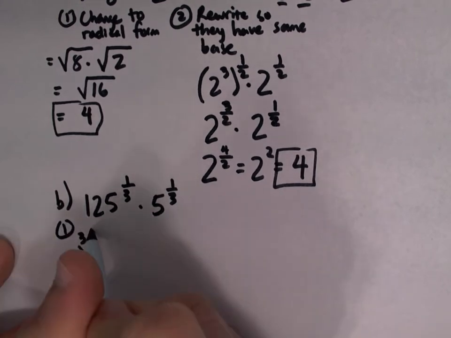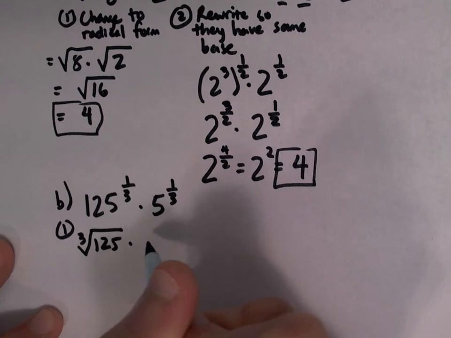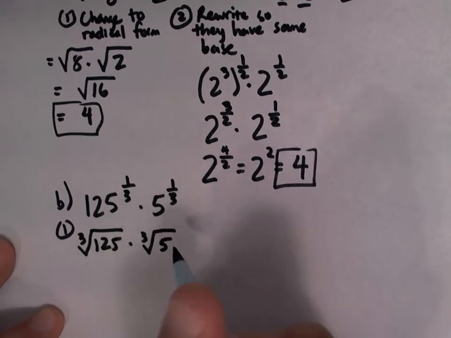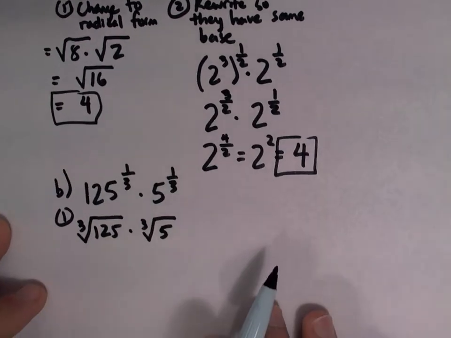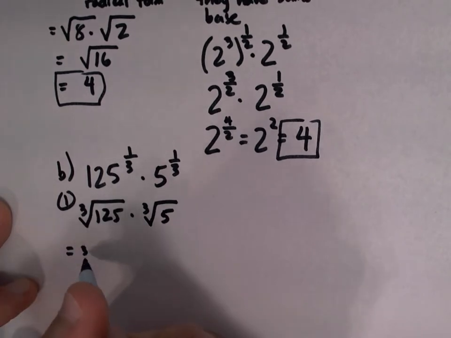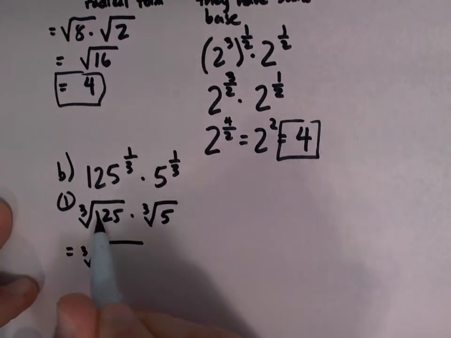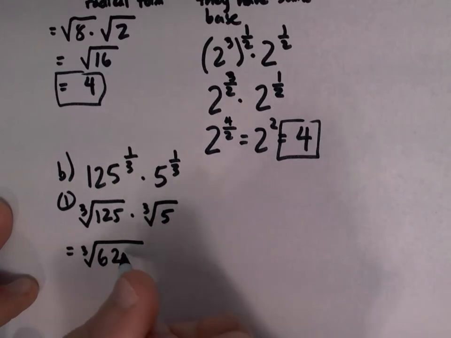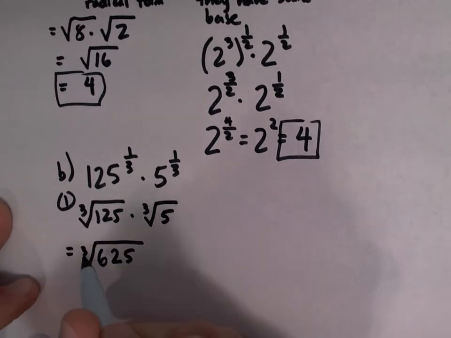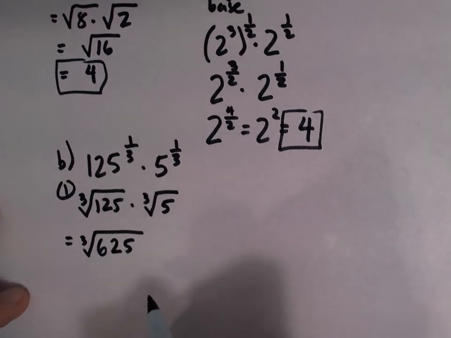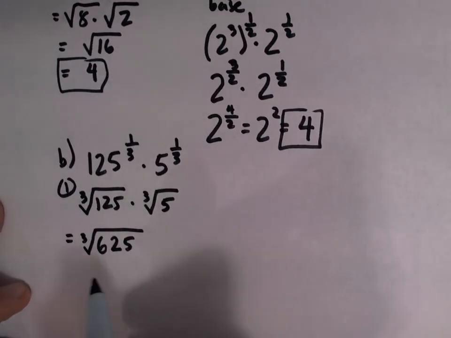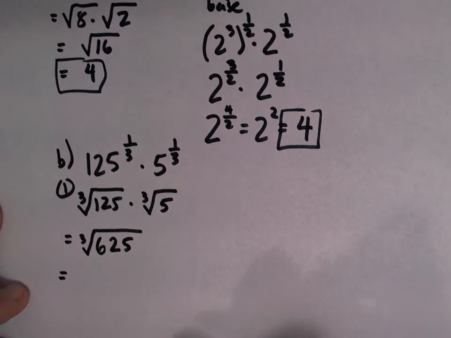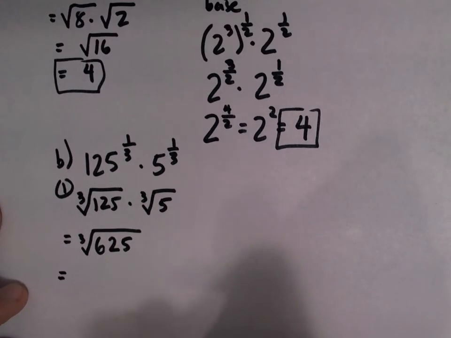So that's the cube root of 125 times the cube root of 5. I multiply these together, I get the cube root of 125 times 5. That's 500, and 25 times 5 is 125. Add up 500 and 125, I get 625. And so I have the cube root of 625. So let's say I don't know what that is.